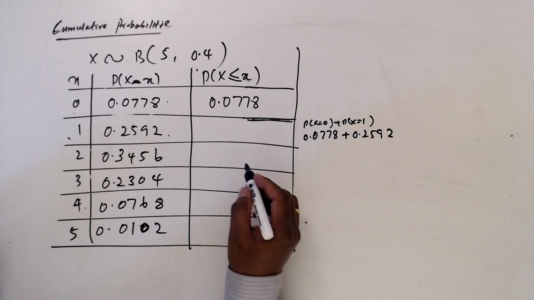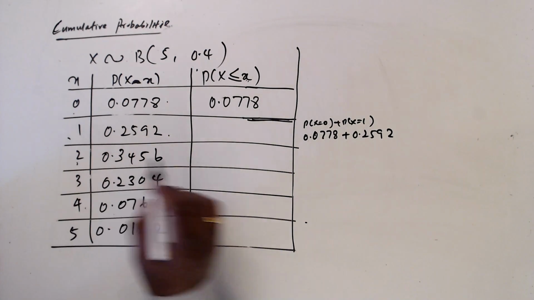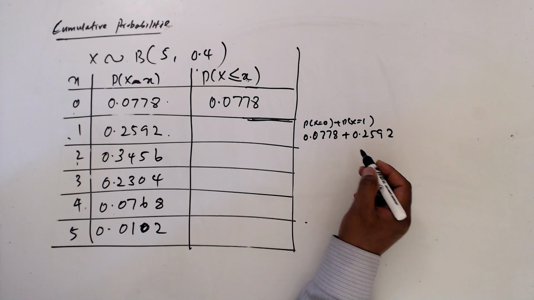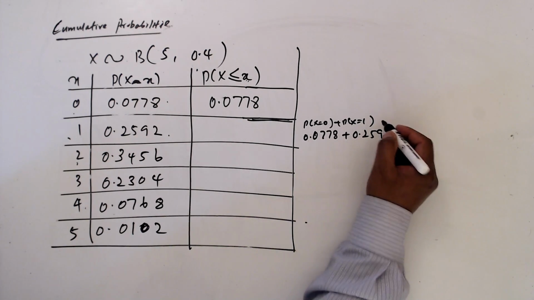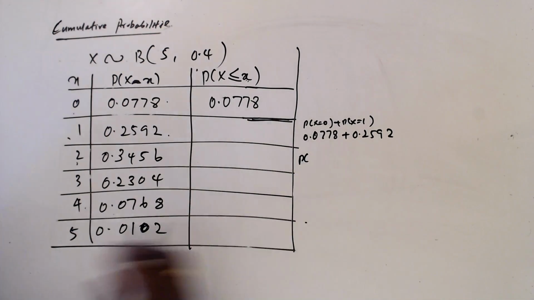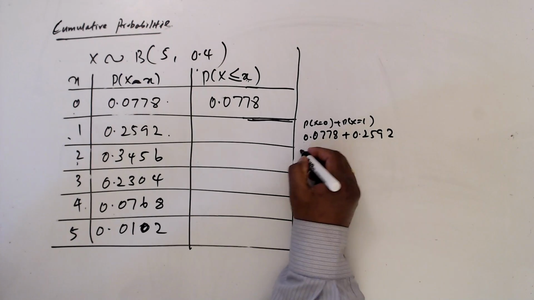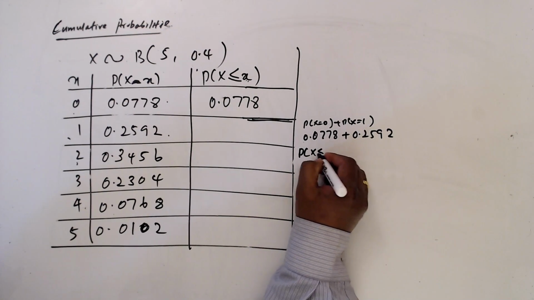And when x equal 2, that is probability of x less than or equal to 2.